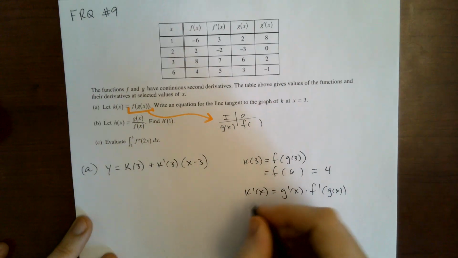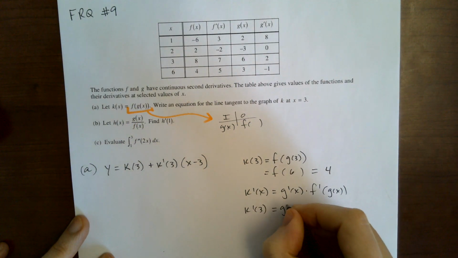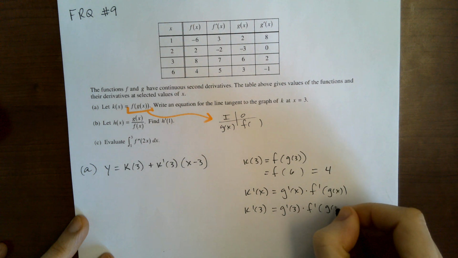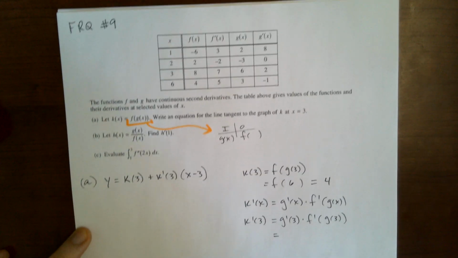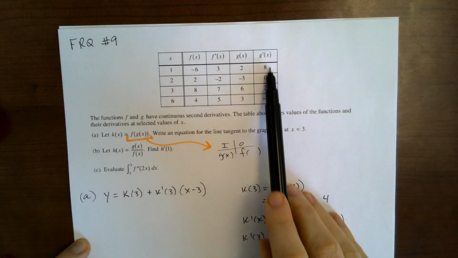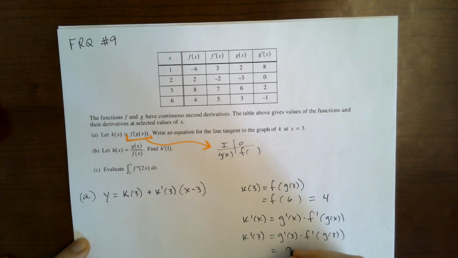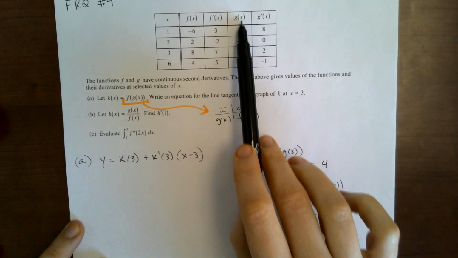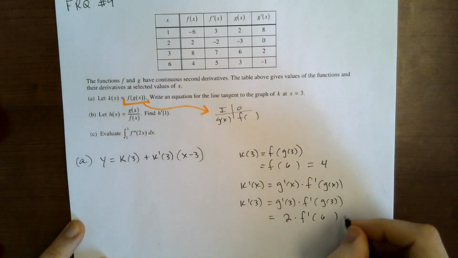Okay, so now we got to do k prime of 3. So this is going to be g prime of 3 times f prime of g of 3. G prime of 3, so there's the g prime column, 3, so that's 2, times f prime of, so here I need g of 3, so there's the g column, 3, so 6.